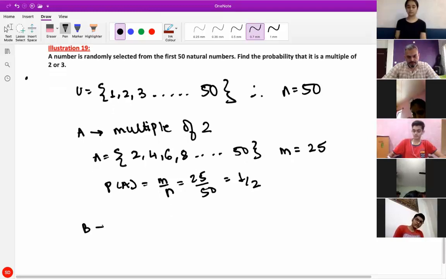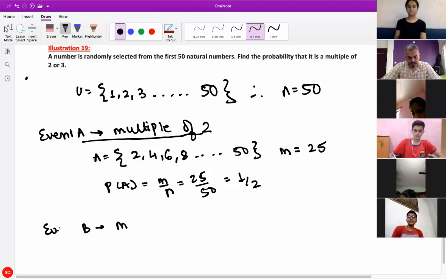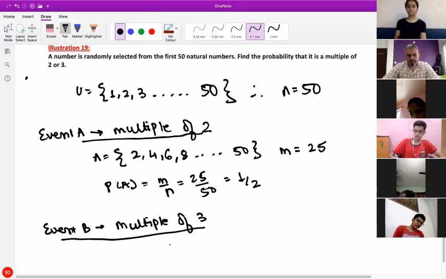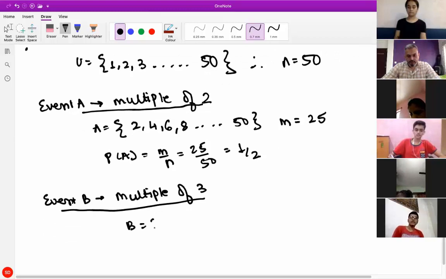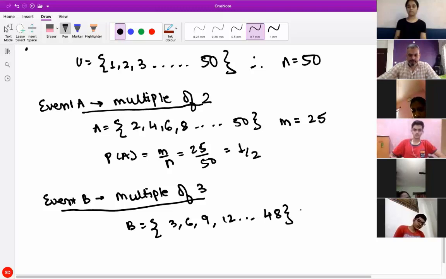Event B, multiple of 3. So B is equal to 3, 6, 9, 12, goes on and on up to 48.